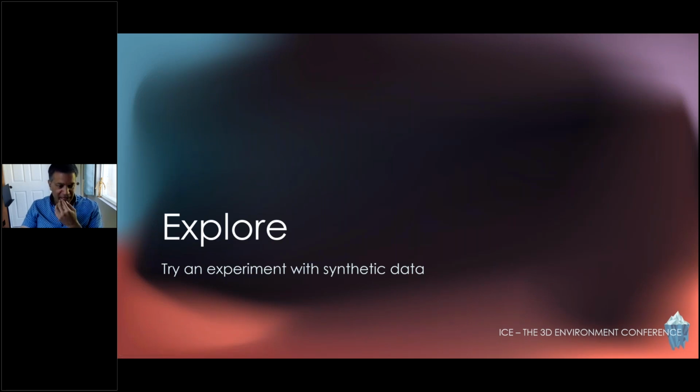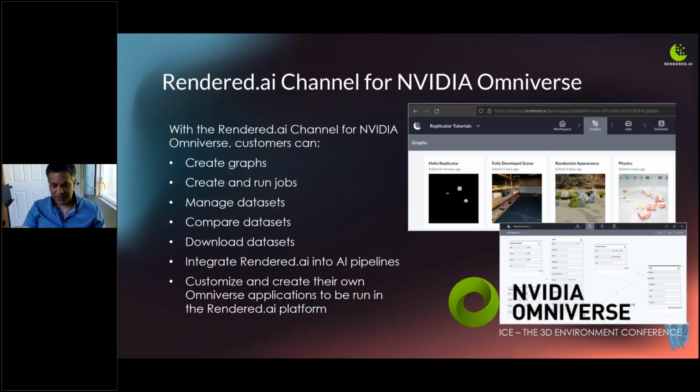So any of you out there can actually play around a little bit with Rendered.ai. We do have a channel for NVIDIA Omniverse that allows you to create these graphs that drive synthetic data runs. What you'll see if you try our demo is that these are the standard Replicator demos.